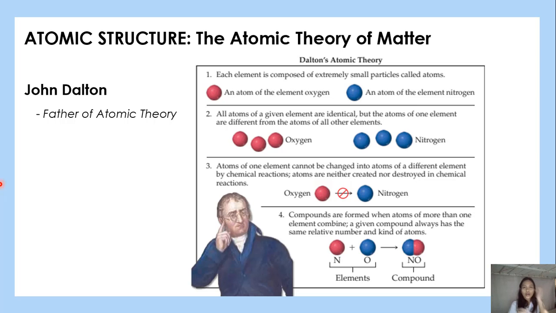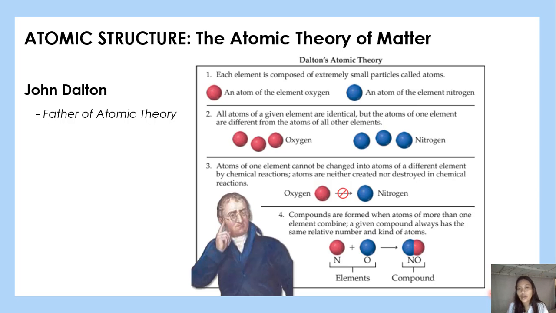The first postulate states that atoms cannot be torn apart. The second one shows that each element has its own inherent characteristics that will never be the same as those of the other elements.